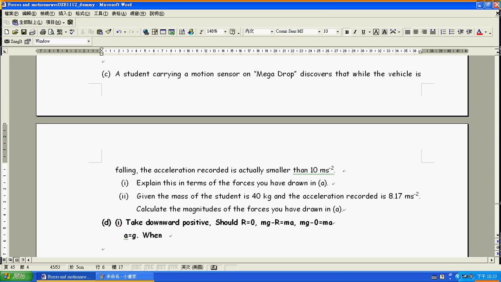When R is not 0, a is smaller than g, or 10 meters per second squared. So this is part C1.